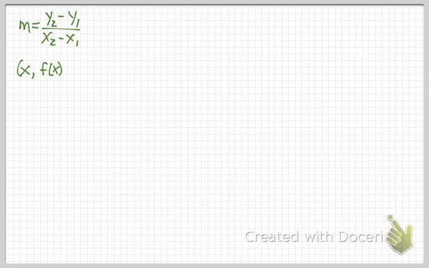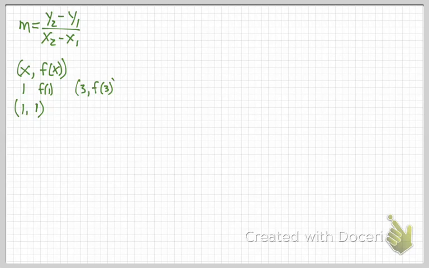So there was our first point, right? Our first x was 1, and the y value for that was f of 1, which was also 1. So we get the point (1, 1). And for our second point, just to drive this home, we said our x was going to be 3. So our y value is going to be f of 3.